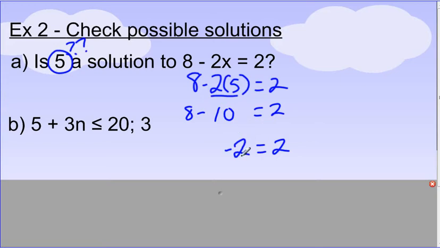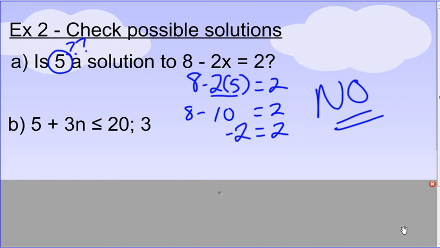Well, is negative 2 equal to 2? No, it's not equal to 2. That means 5 is not a solution to that problem. This is not true, which means 5 is not an answer. That's what we mean by is it true.